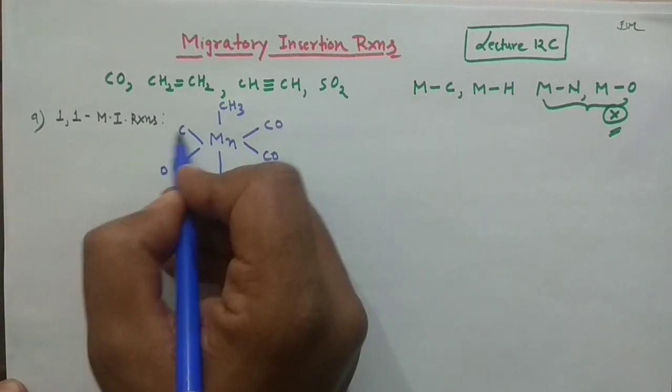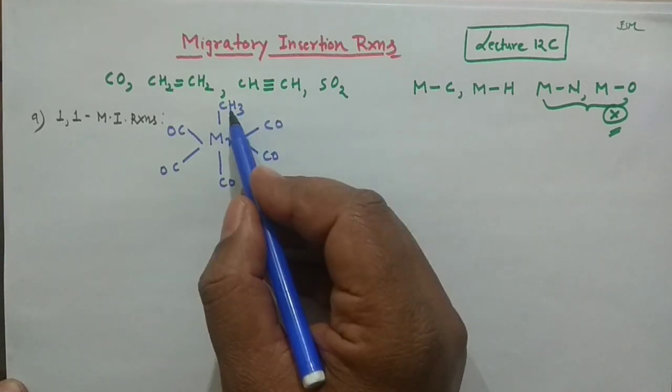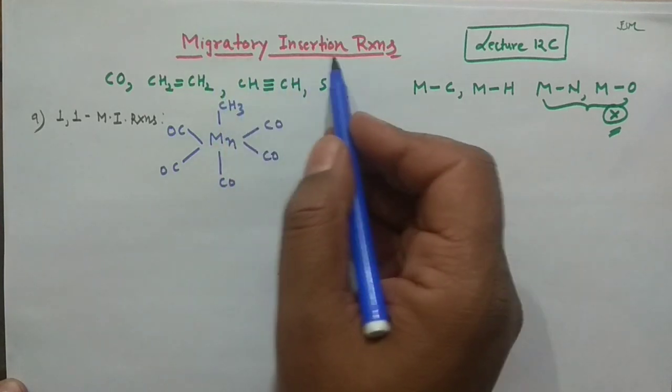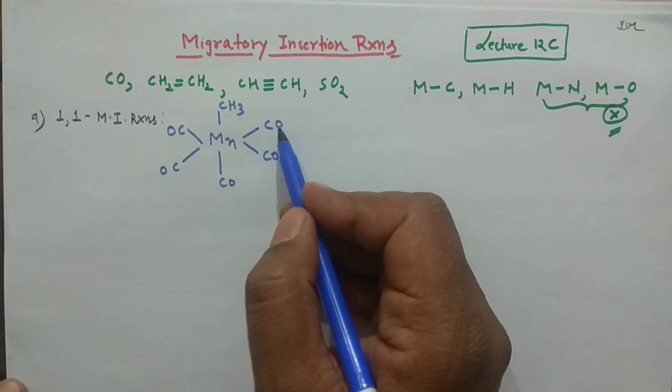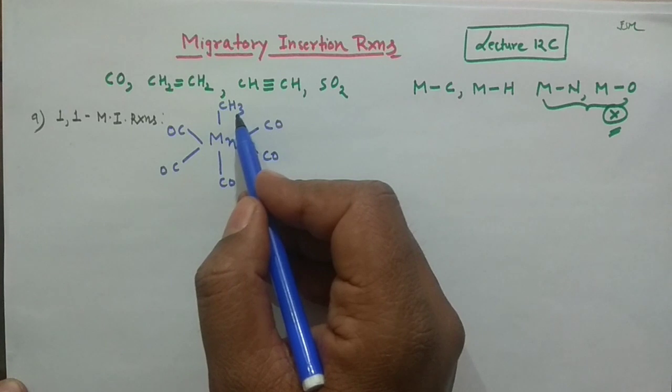So guys, this is the trick for you. If you see a carbonyl group along with the CH3 group, then always the reaction will be a migratory insertion reaction. Presence of a small unsaturated ligand along with the sigma donor ligand. This CH3 is the sigma donor ligand.